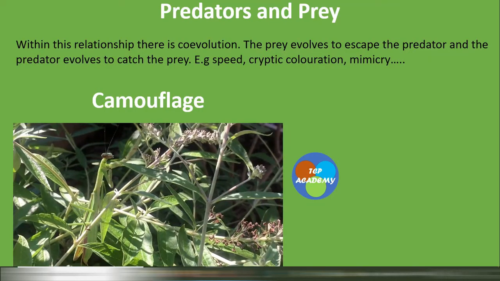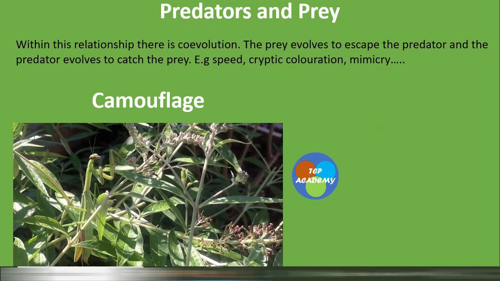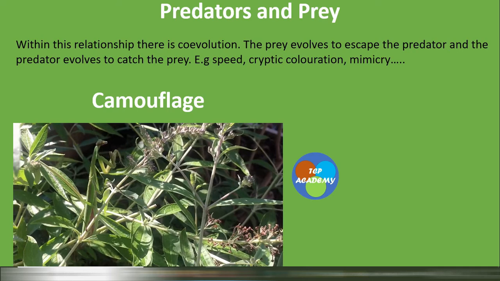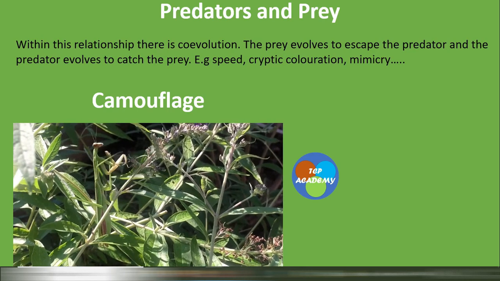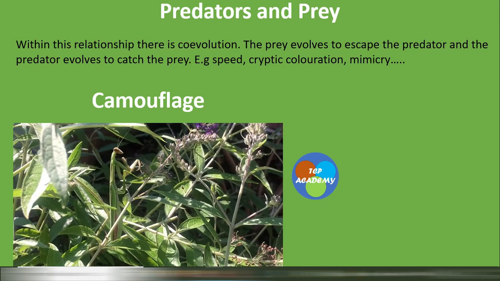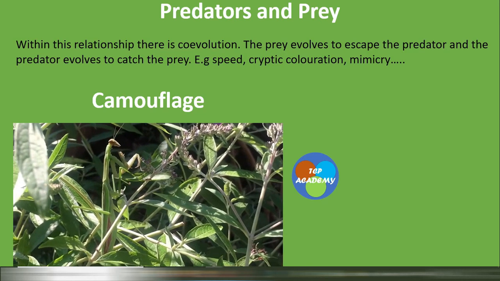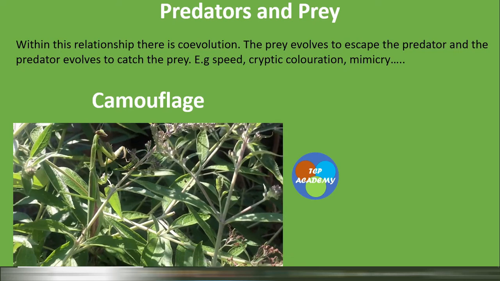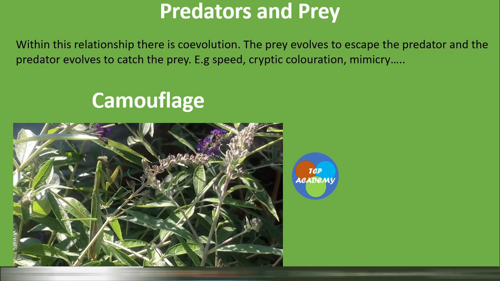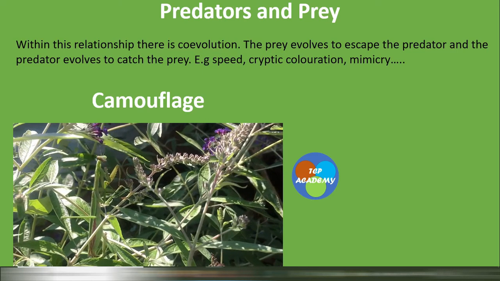Interestingly, while organisms, both predator and prey, grow and live, they evolve. With this relationship, there is what we refer to as co-evolution, which means that both organisms are evolving at the same time. The prey is evolving to escape the predator, and the predator is evolving to capture the prey.